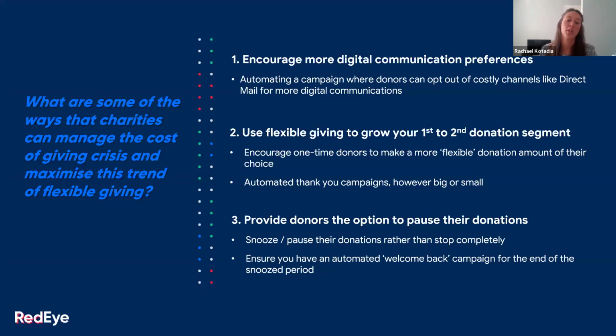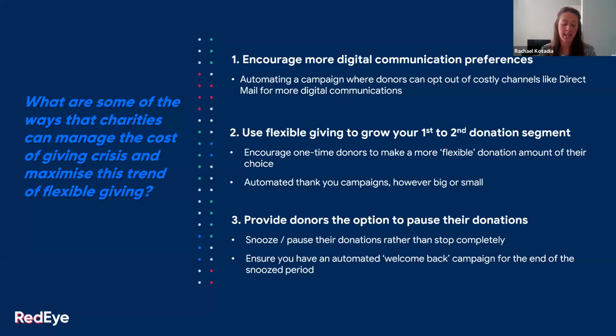The second point then, if we look at this trend of flexible giving, which Will has highlighted, what I would say is you probably want to think about which are the best segments to offer this to versus broadly offering it to everybody. So I would say your one-off donor segment is a really good place to start.